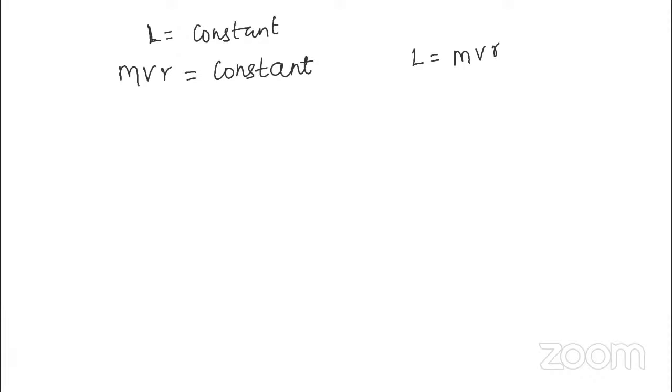So let us take M into V into R for the first one, object A, and for object B, MB into VB into RB.